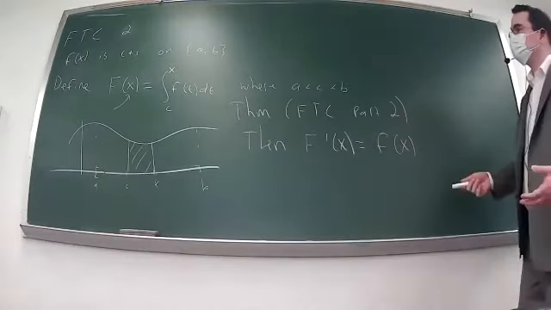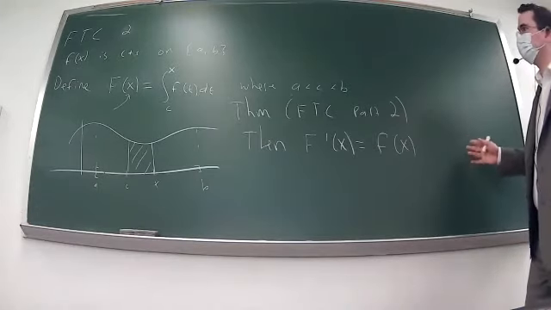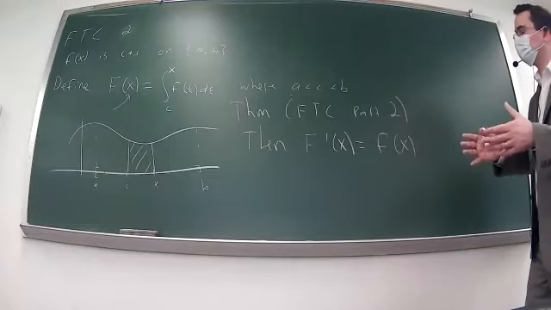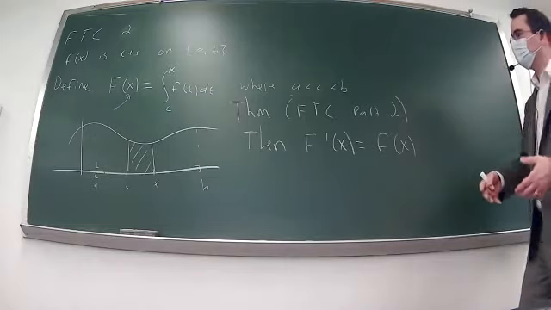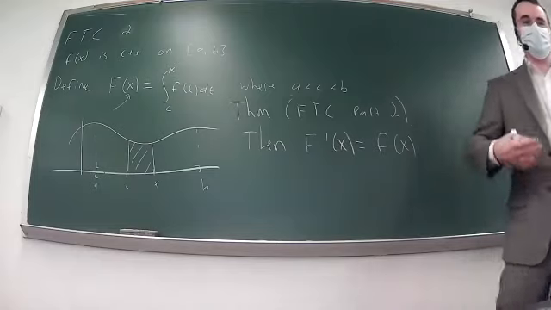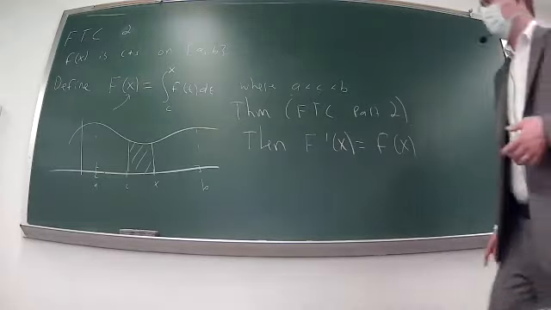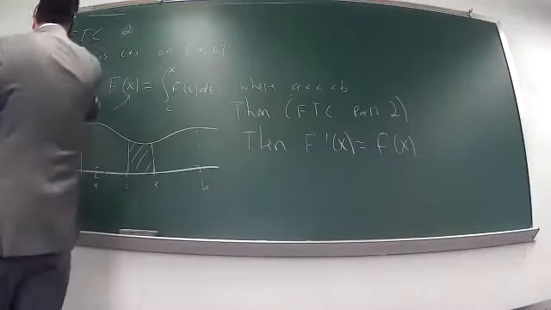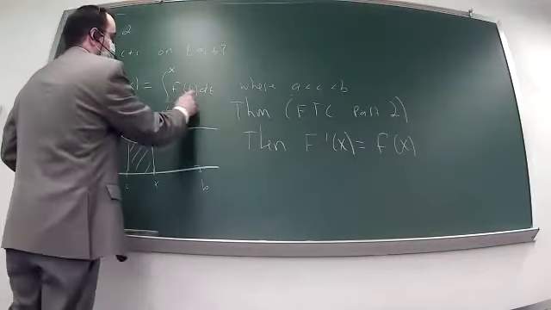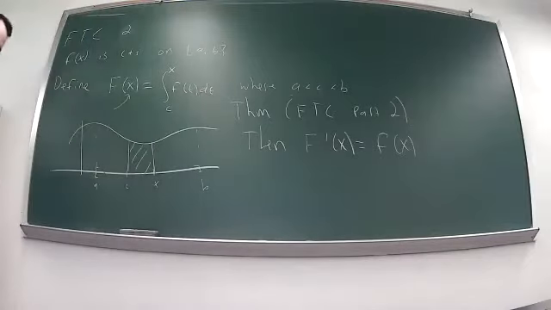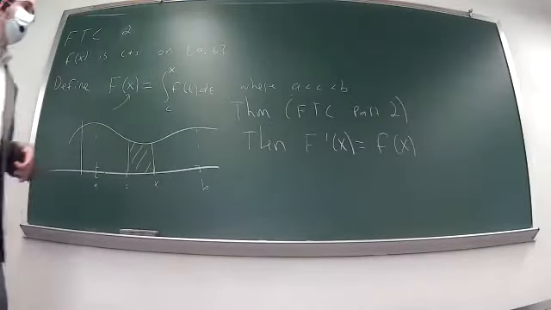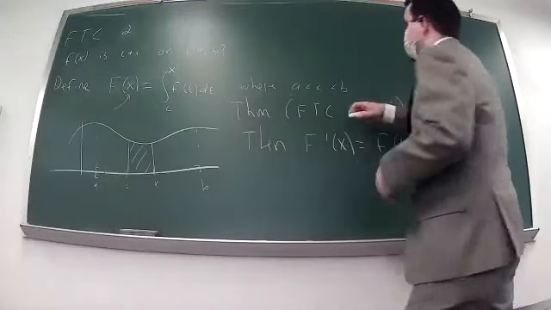Because given a continuous function, if you've got two antiderivatives, you take the derivative of their difference, that would have to be equal to 0, and so that difference would therefore have to be a constant. That's where that came from. So in fact, given a function f of x, any antiderivative must be equal to this expression plus a constant.